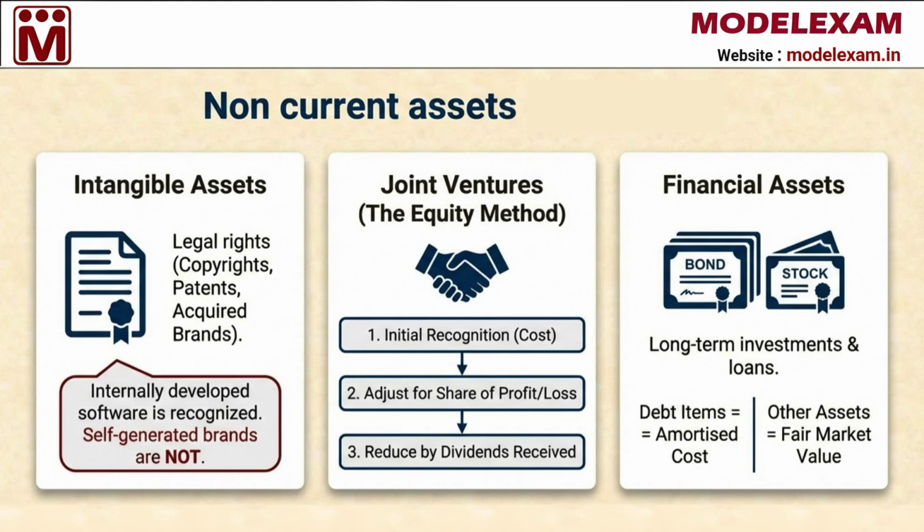We account for this using the equity method. We start with the initial cost, adjust for our share of profit or loss, and reduce the value by any dividends received. Finally, we have financial assets, which are long-term investments and loans. Debt items are valued at amortized cost, while other assets are valued at fair market value.